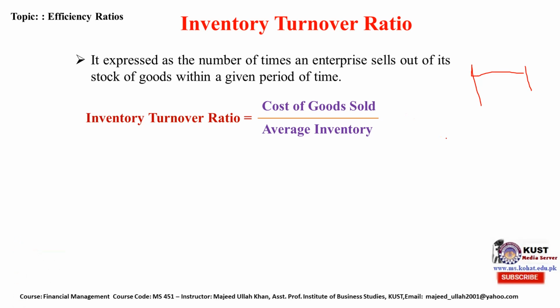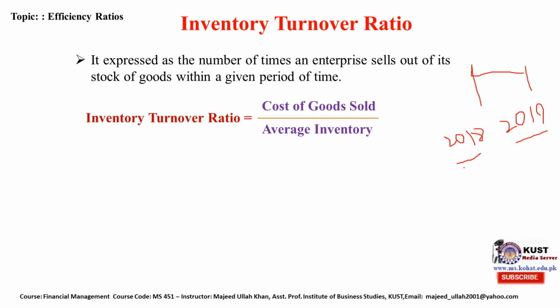What is average inventory? Average inventory means you will be provided with two years of data, let's suppose 2018 and 2019. So inventory will be provided for 2018 and for 2019.